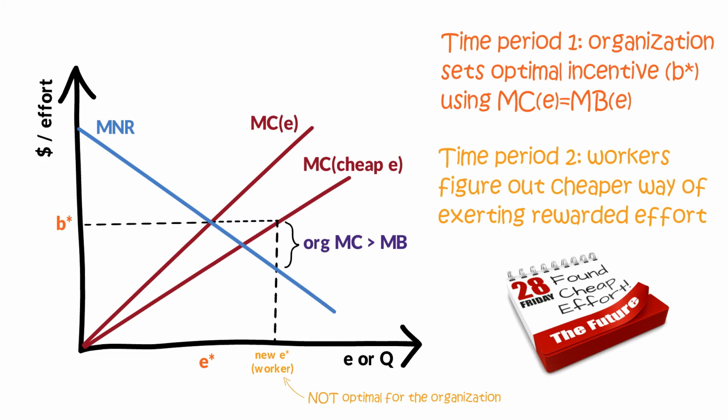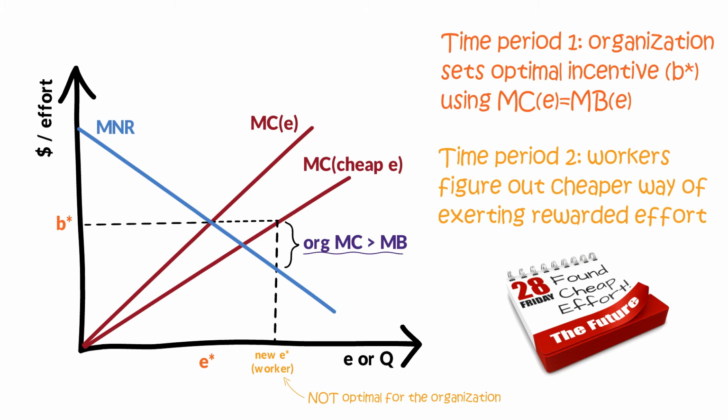Remember again that the worker and organization have different marginal benefits. For the worker, it's B star. For the organization, it's marginal net revenue. So while the worker is optimizing, the organization is harmed because at this higher level of effort, the organization's marginal cost exceeds its marginal benefit. So the organization would prefer less effort.